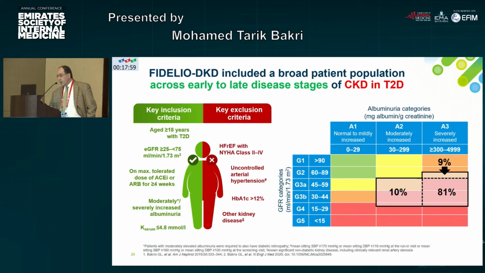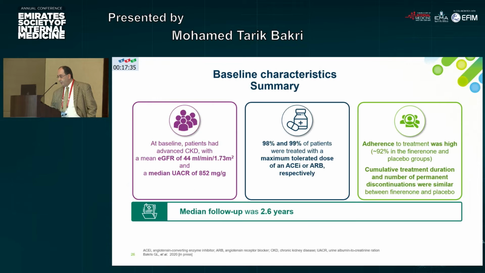So as we see here with the Fidelio trial, it was advanced CKD, and you can see 81% of the patients were in stage 3 with severely increased albuminuria. There were some exclusions, like HFrEF class 2 to 4 and uncontrolled hypertension.